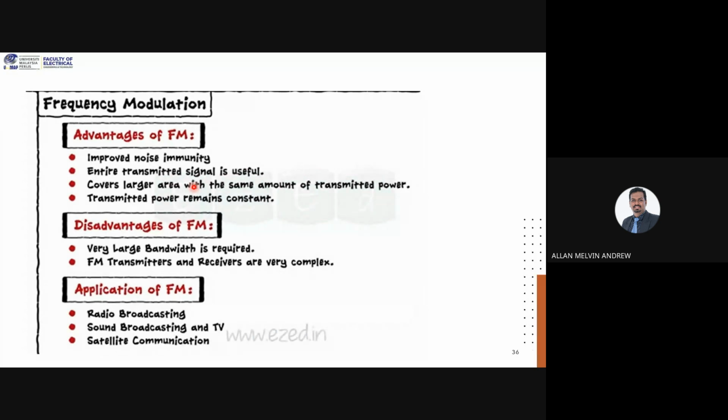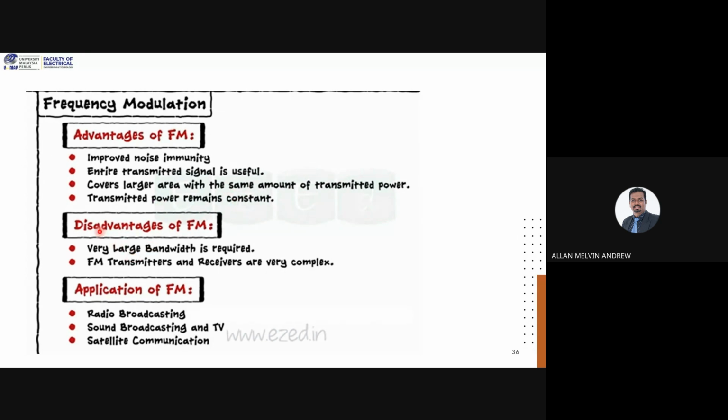At the same time, electricity will also give you a bigger bill, so you need to pay more. So it's very important to use FM, because the transmitter power will be the same, as we are not varying the amplitude. When you vary the amplitude, maybe you require more power. So that is one of the advantages of frequency modulation.